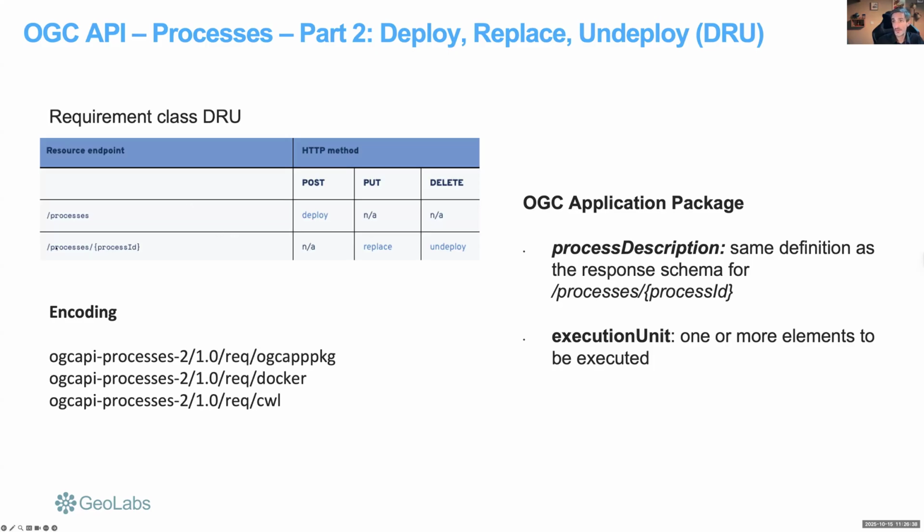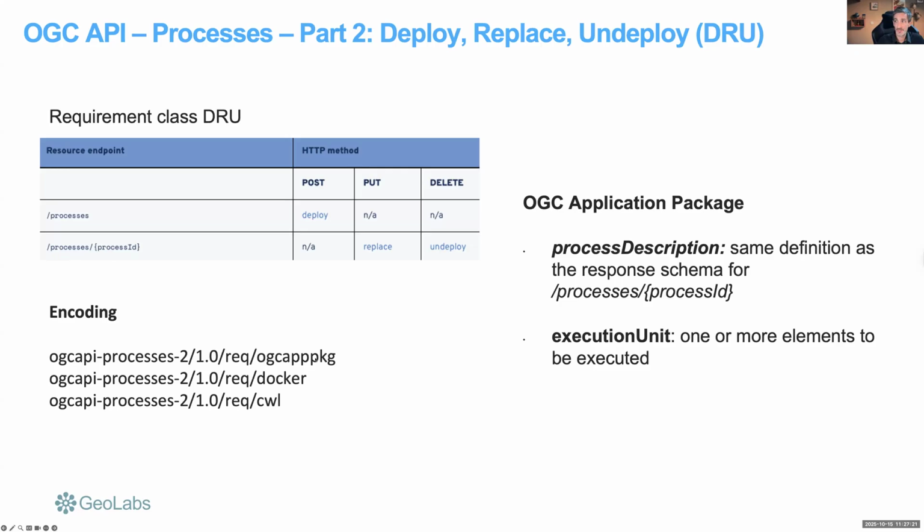If you are willing to update, I would say replace, the previously defined process, then you can send your OGC application package again using the PUT method on the process ID, because you now have a process ID since you have deployed it in the first step. And you can then undeploy the process using the DELETE method and the resource endpoint, which is process ID.